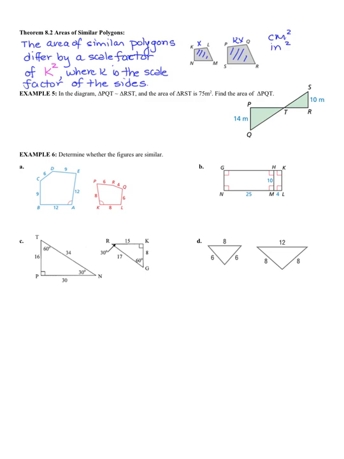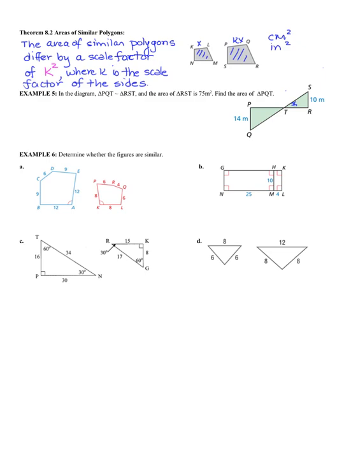All right, so let's look at an example. In the diagram, PQT is similar to SRST. And again, we always write that in corresponding order, just like we do with congruence. The area of RST is 75 meters squared. So I don't know why this little thing came up, so I'm just going to put in 75 here.